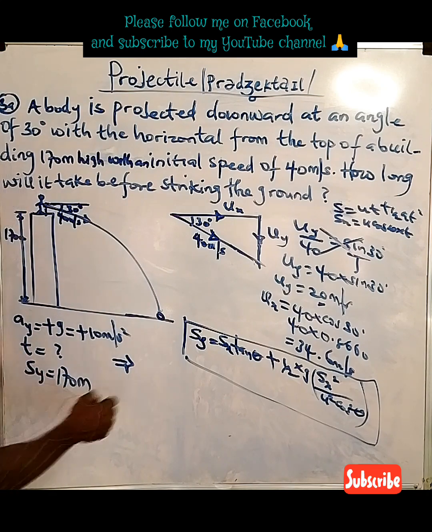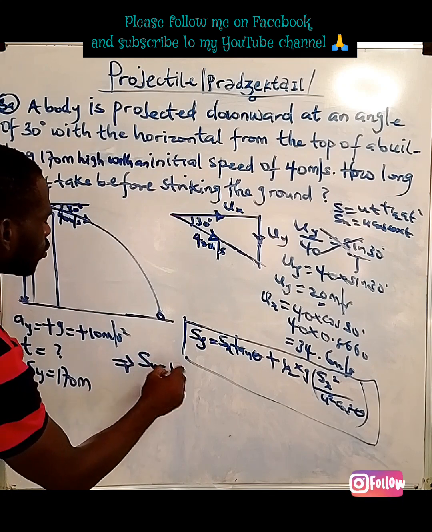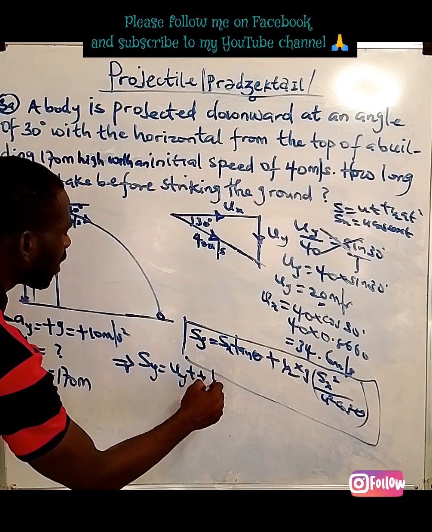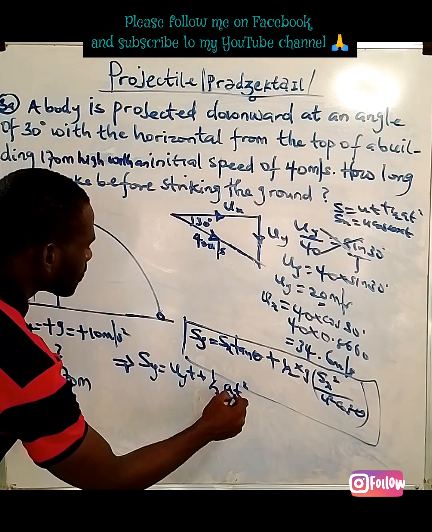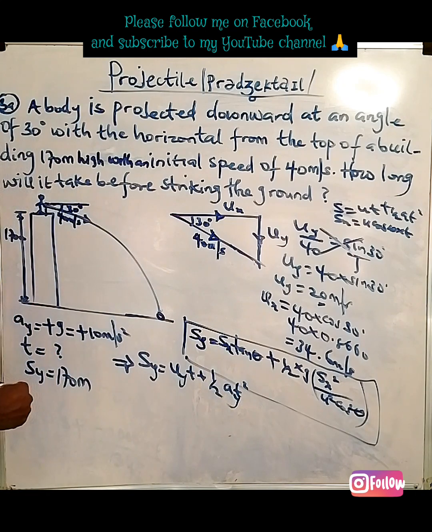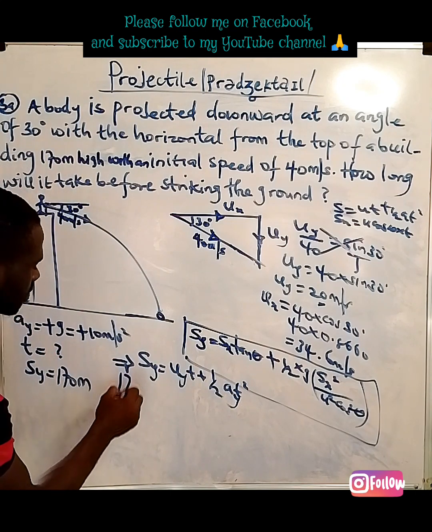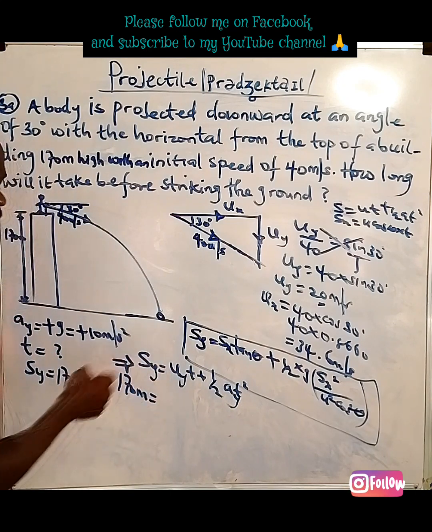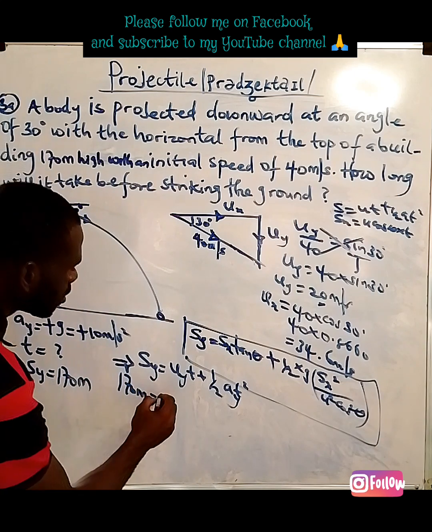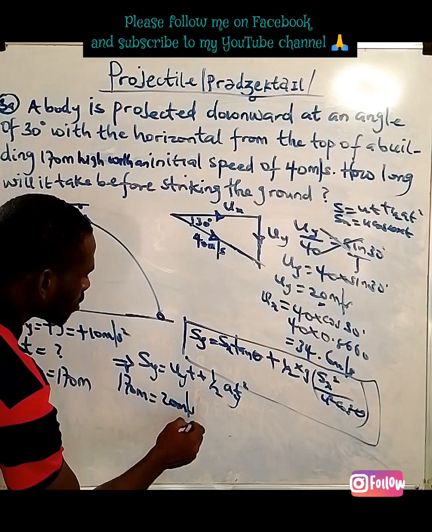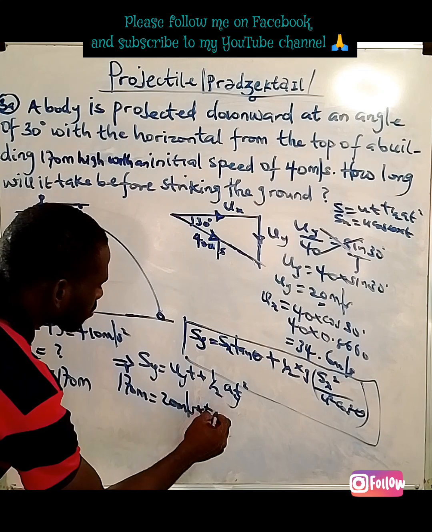What do we have? S equals ut plus half at squared. So the distance, 170 meters. Initial speed is 20 meters per second, times the time we are looking for. That's what we're looking for right away.